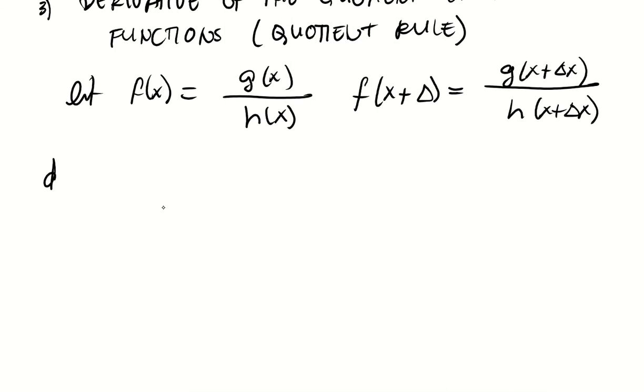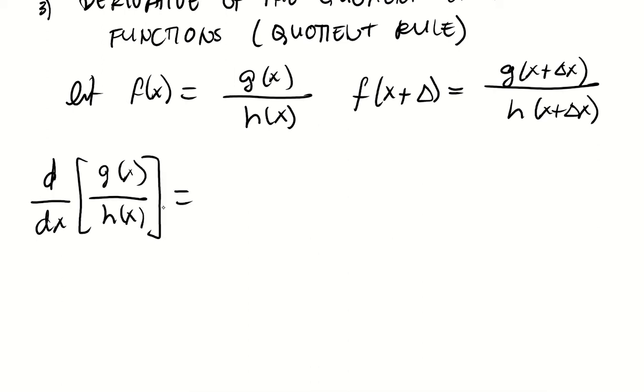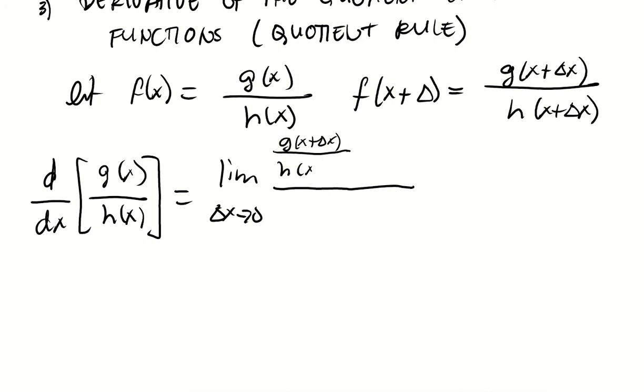So the derivative of g of x over h of x will be equal to the limit as delta x approaches 0 of f of x plus delta x, which is this one, g of x plus delta x all over h of x plus delta x. Then we subtract f of x, which is g of x all over h of x. Then we divide it by delta x.